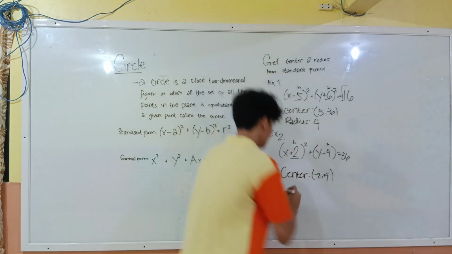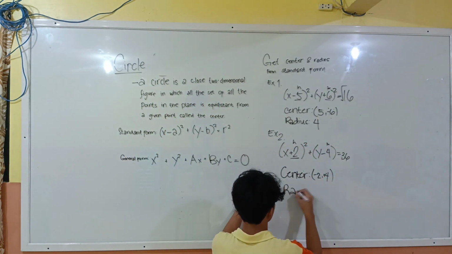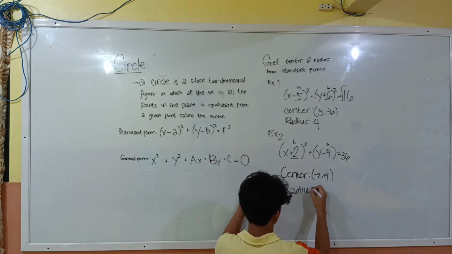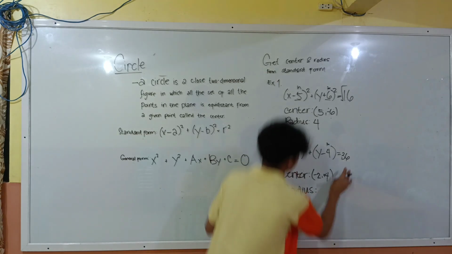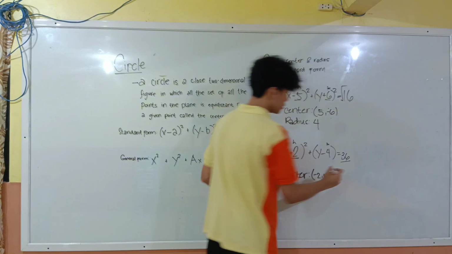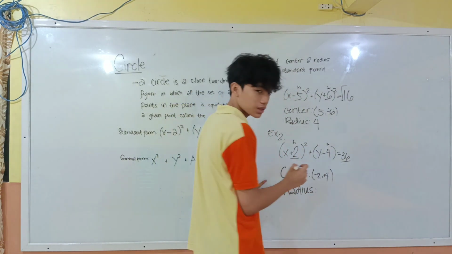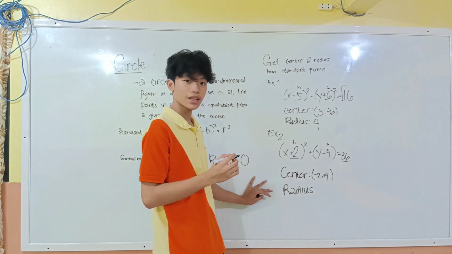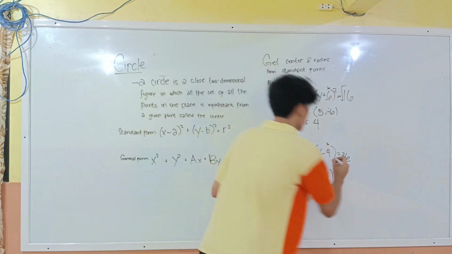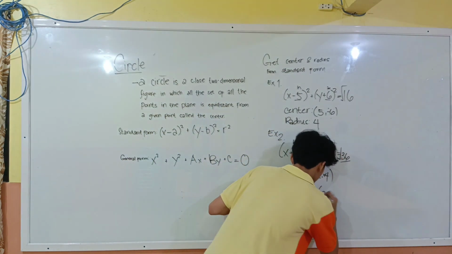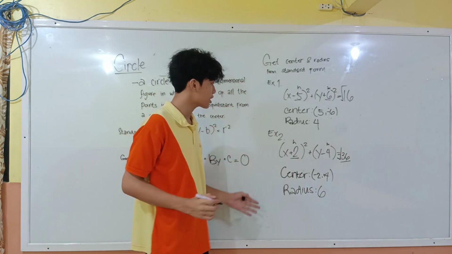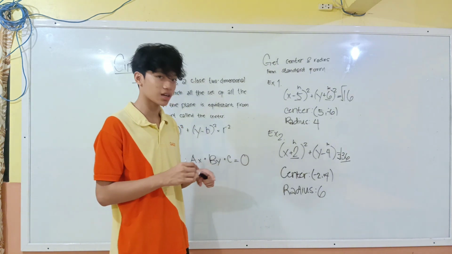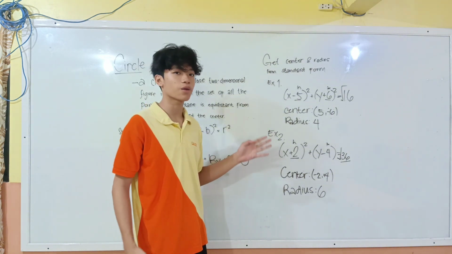Then to get our radius, we simply get the square root of the value right here. The square root of 36 is 6. So this is how we get the center and radius of a circle from its standard form.